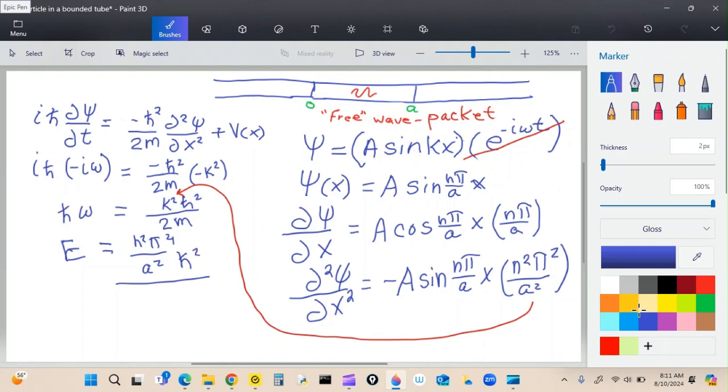Let me put little parentheses around that so you don't lose it. Here's the k squared value over 2m. Let's simplify this thing and see if it all plays out correctly.